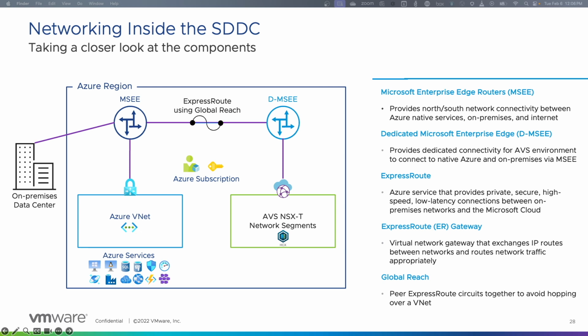Global Reach is not available in every region in the world, so I wanted to make a video explaining how to get connectivity using Global Reach, but also provide a few examples of how to accomplish connectivity without using Global Reach. So that will be what I cover in the later half of this video. So essentially, we have a couple of options when it comes to connectivity.